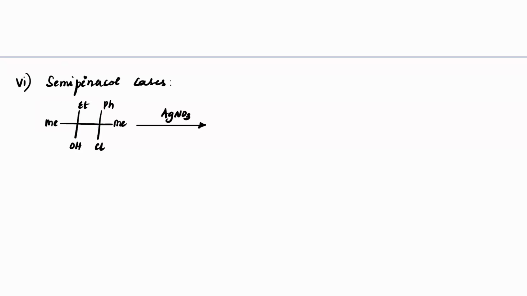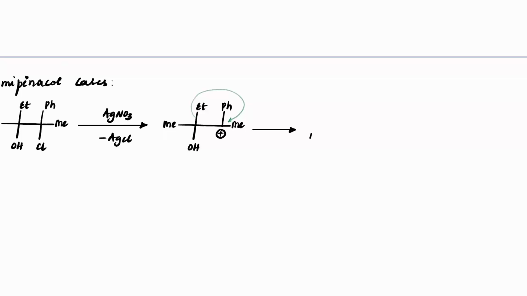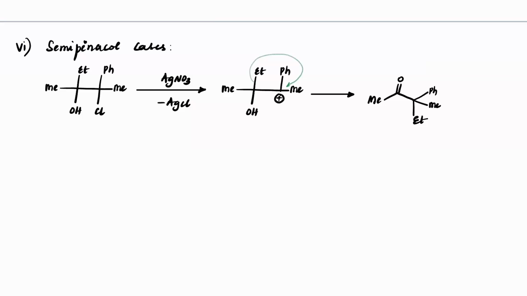You know that AgNO3 will make a precipitate with Cl, forming an AgCl precipitate. So if it forms AgCl precipitate, the same pinacol-pinacolone situation will happen. And between methyl and ethyl, we know that ethyl will migrate. Migrating aptitude of ethyl is more than that of methyl. So we will get this as methyl with double bond O, and this side we have phenyl, methyl, and ethyl. So this is the product you will report. This is the semi-pinacolone case. Got it.